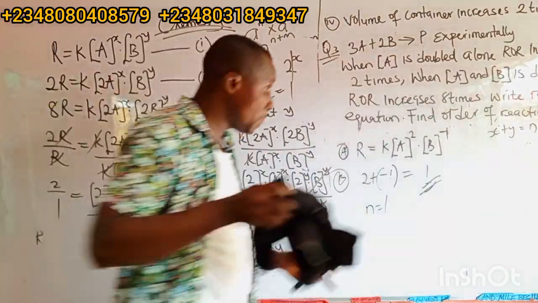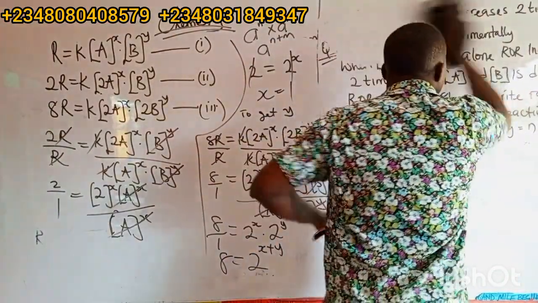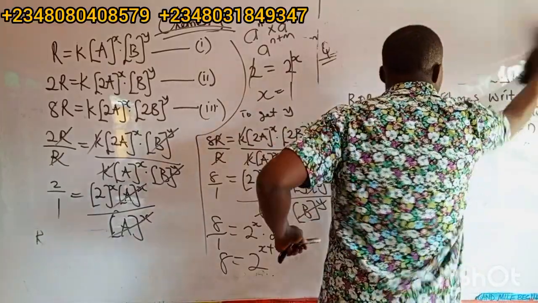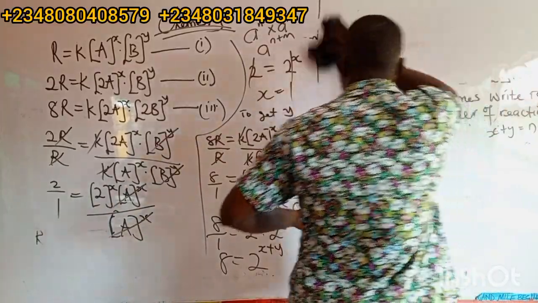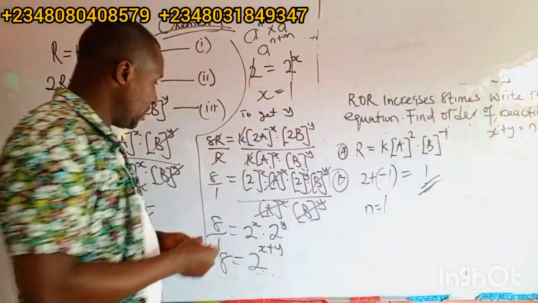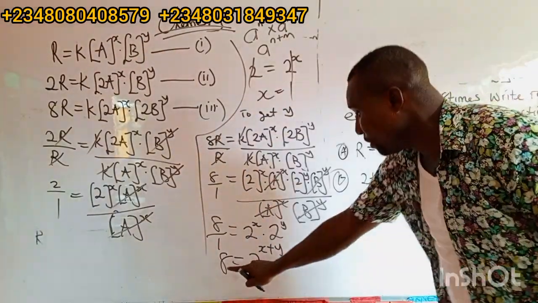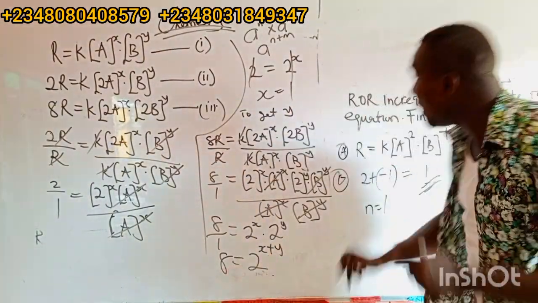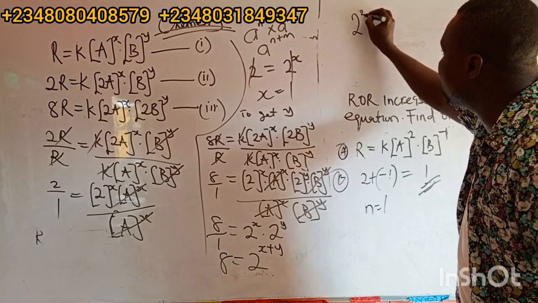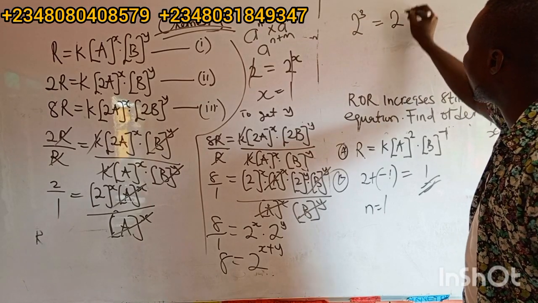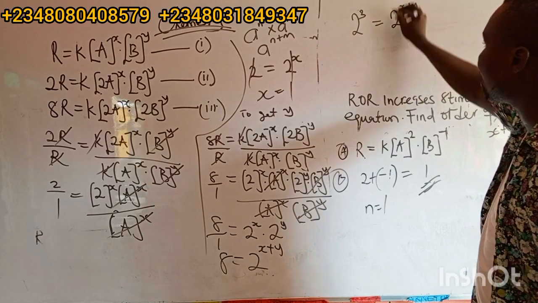Let me go up that one. From here, what will I have? Take this one to index. I will have 2 raised to power 3 equal to 2 raised to power X plus Y. What happened?